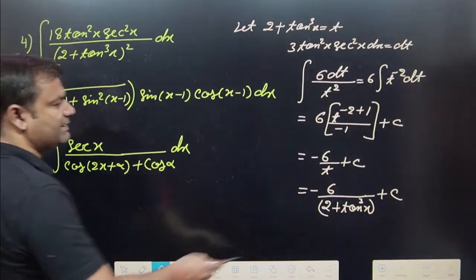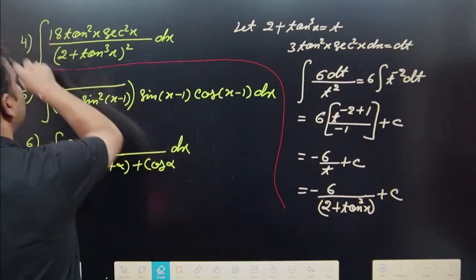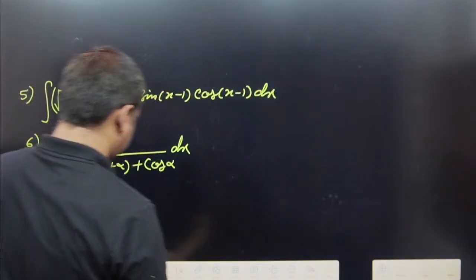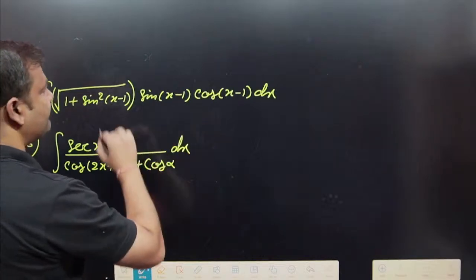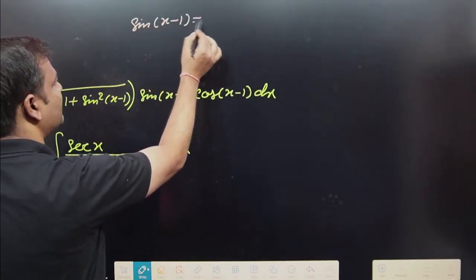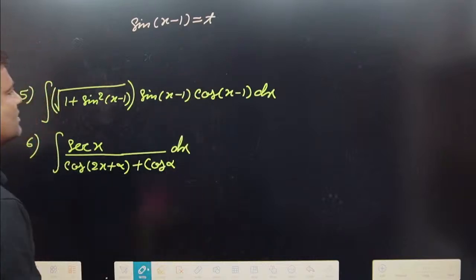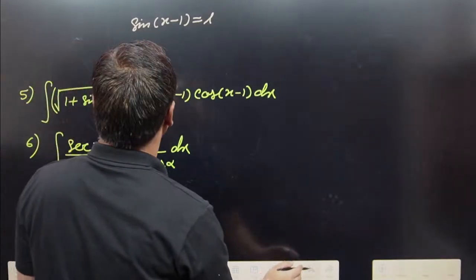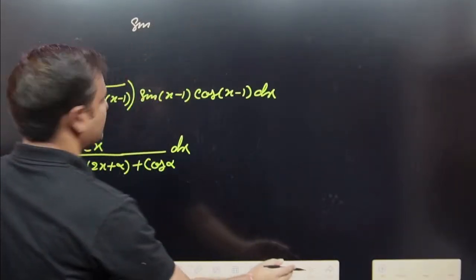okay, now the next part is how can we do it, with sin x minus 1 taken as t. Basically, which part is very complicated?